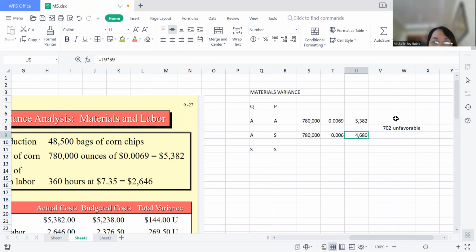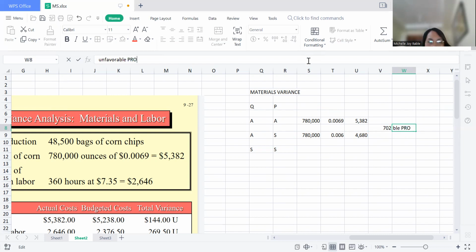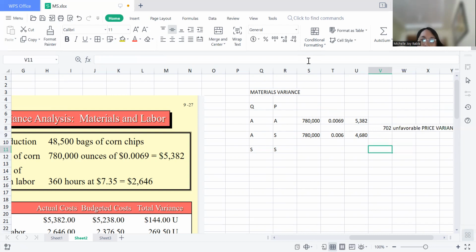So for the price, we anticipated that the price of this quantity is only this much, but it turns out the actual price is higher. So we spent more. So we have an unfavorable variance of 702. And this 702 unfavorable is the price variance.